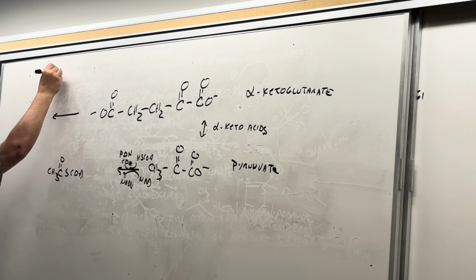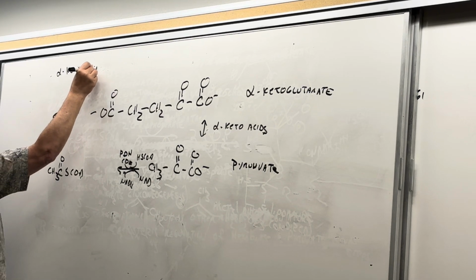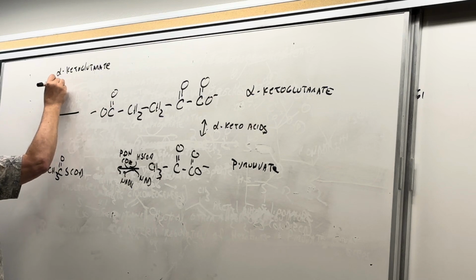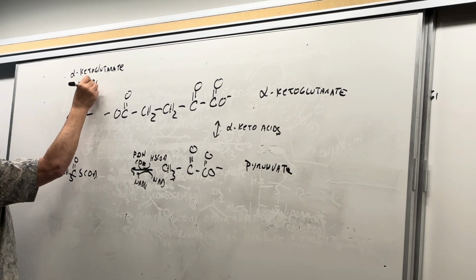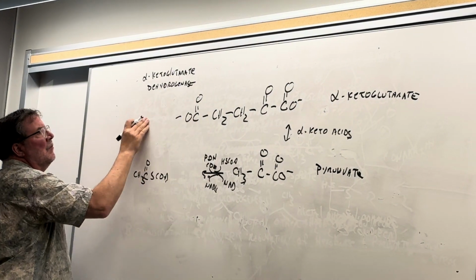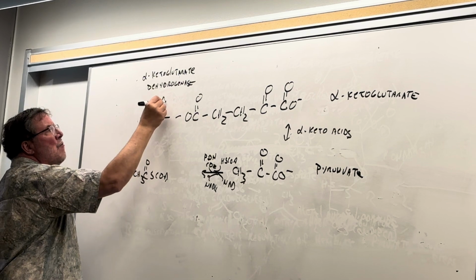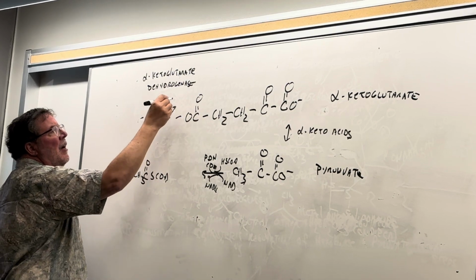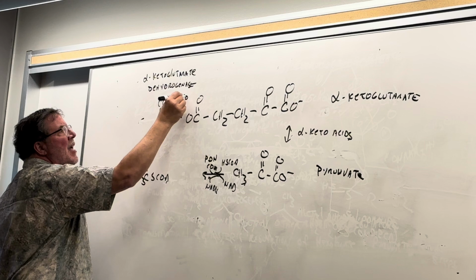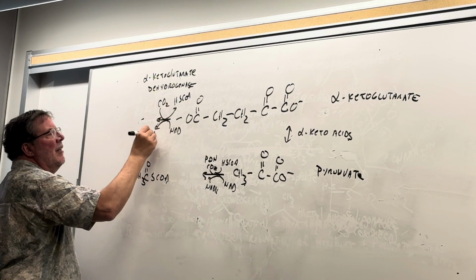So this is alpha ketoglutarate dehydrogenase. We're going to get rid of a CO2, bring in the coenzyme A, and take NAD and make NADH.